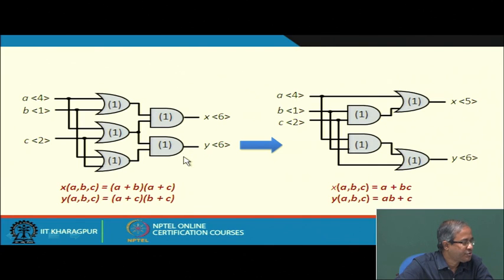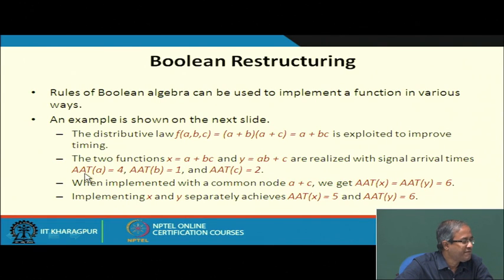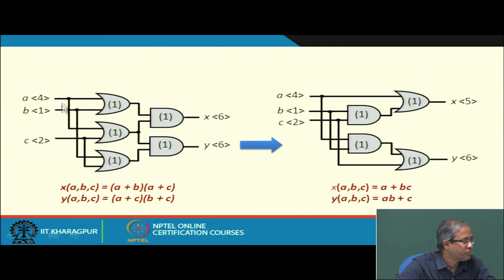Now, if we assume that the input arrival times of the inputs are 4, 1 and 2, A is coming at 4, B at 1, C at 2, 4, 1, 2. So, the delay will be 4 plus 1 plus 1, that is maximum, both the cases 6 and 6.